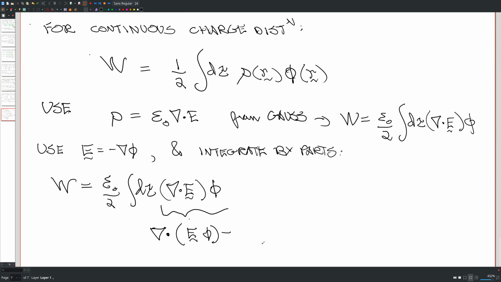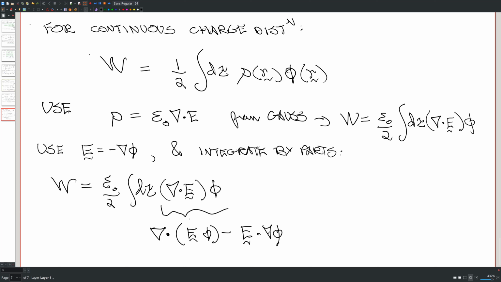Am I confusing you here? So the div of E, I want to use the identity that this is going to be minus E dot grad phi.